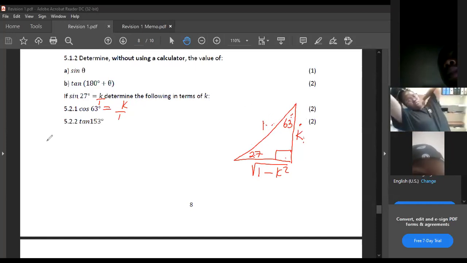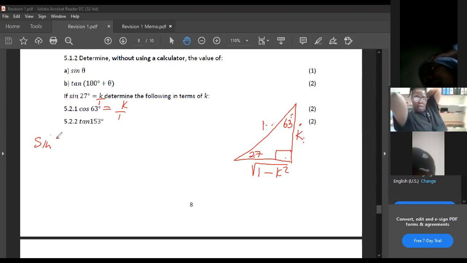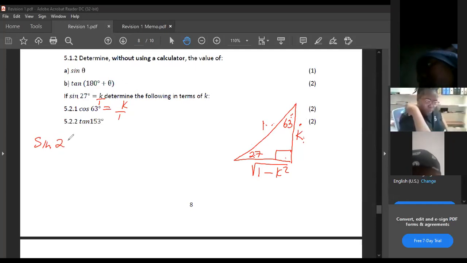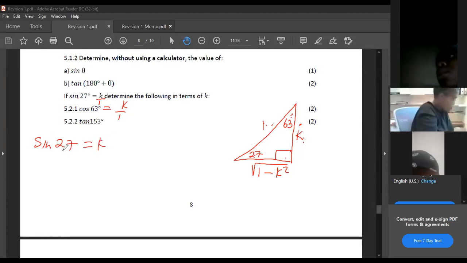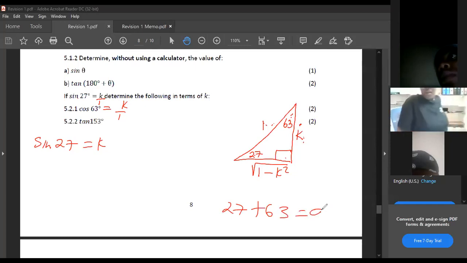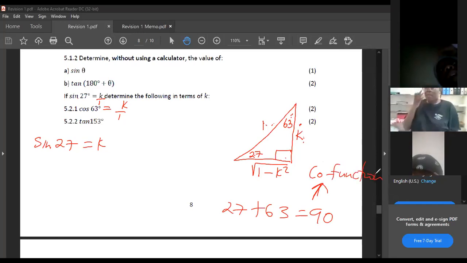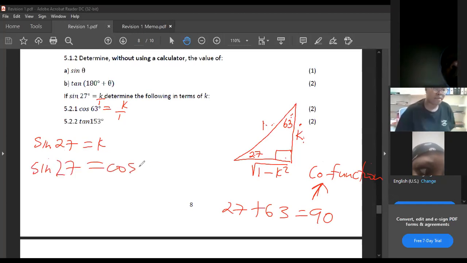But also, you could have done it this way. If sine 27 is equal to k, what is 27 plus 63? 27 plus 63 is equal to 90. What should click into your head is cofunction. If it's cofunction, that means sine 27 is equal to cos 63.